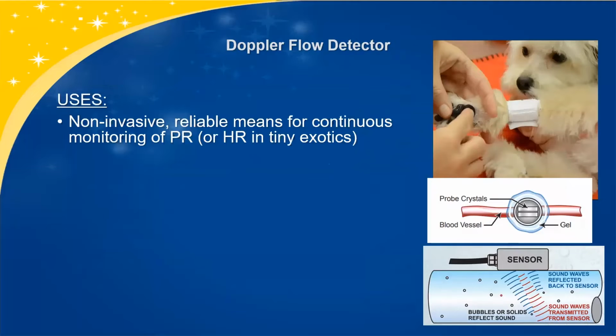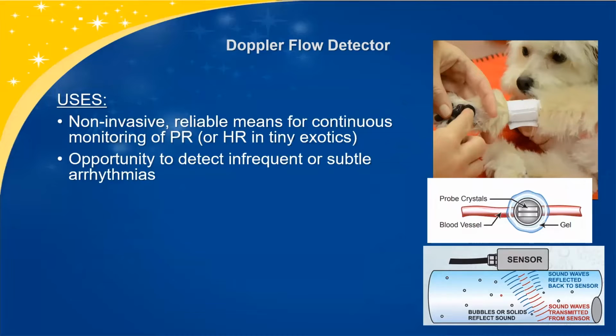So the benefits of the Doppler are that it's a very non-invasive and reliable way to have a continuous pulse rate. Or generally in the small exotic species, you can also apply it as a heart rate monitor. It does provide an opportunity to detect any infrequent or subtle arrhythmias.